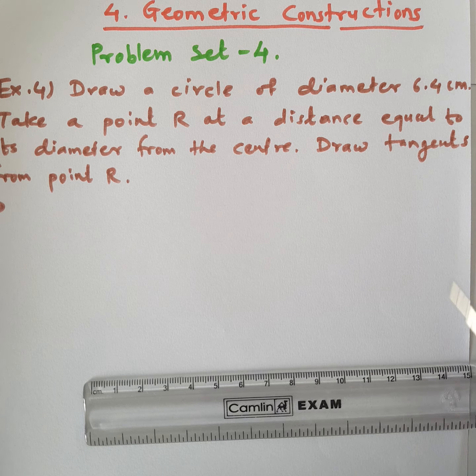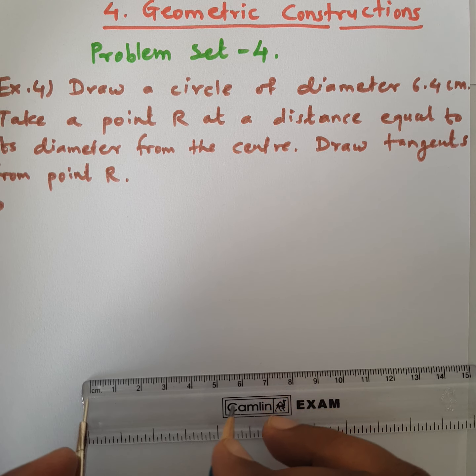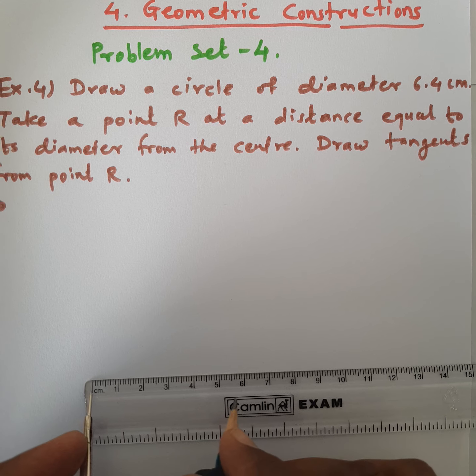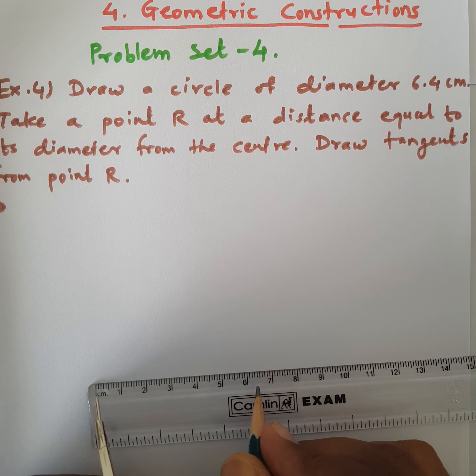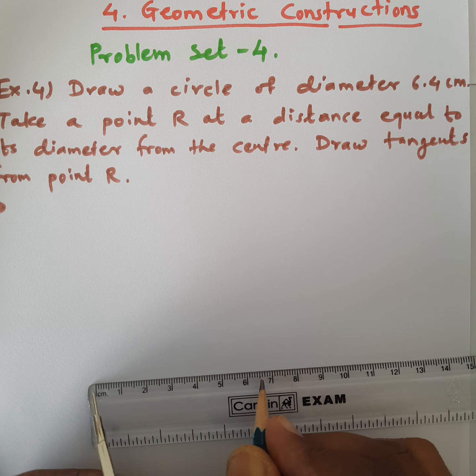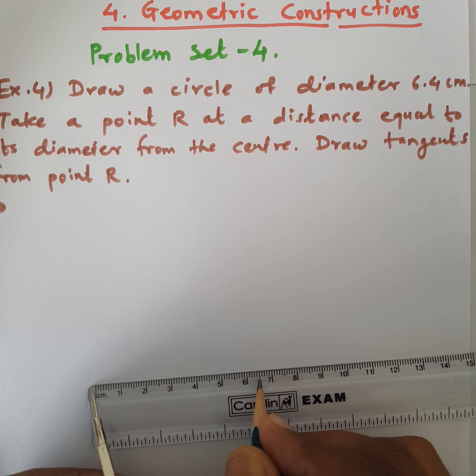We can take the radius 3.2 centimeter. But here first we will draw a diameter of 6.4 centimeter and then we will draw the circle passing through the end points of this diameter. We have to take 6.4 centimeter distance in the two ends of the compass. This is 6.4 centimeter distance.